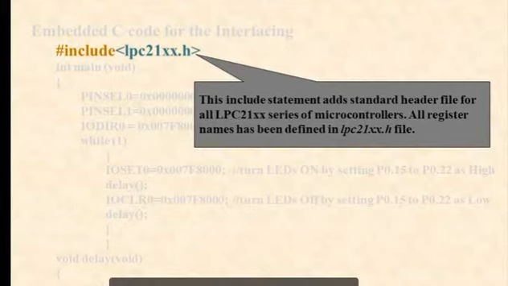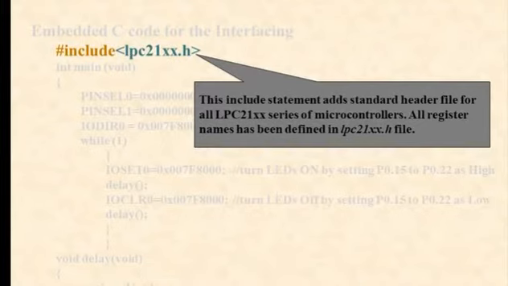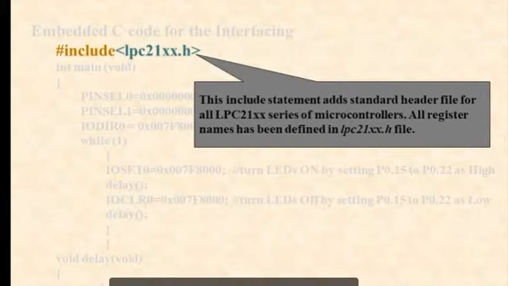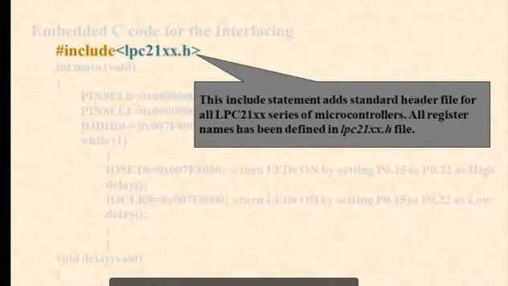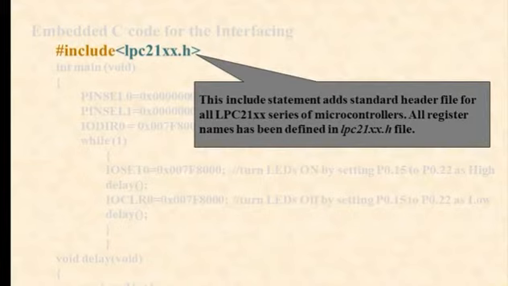What is the difference between C and embedded C? C is a generalized software compiler, which if you add a specialized header file, then that C will become embedded C. For example, in C language, if you write #include reg51.h, then that embedded program is for the 8051 microcontroller.